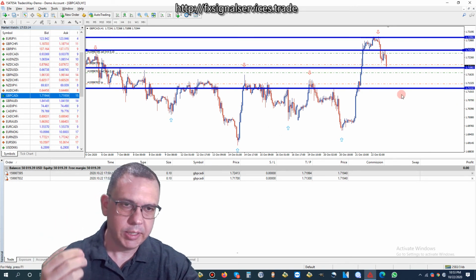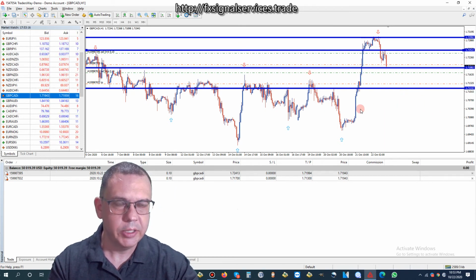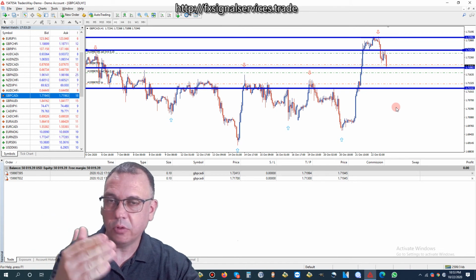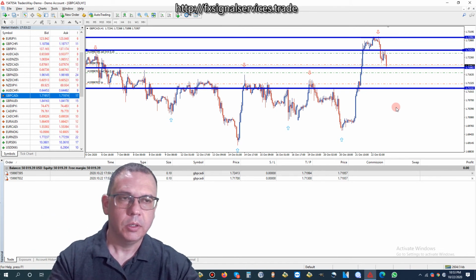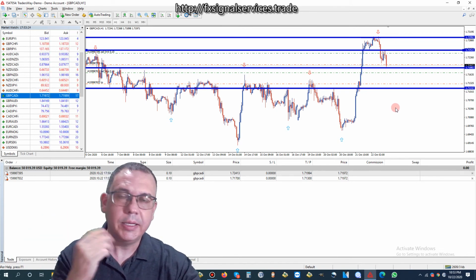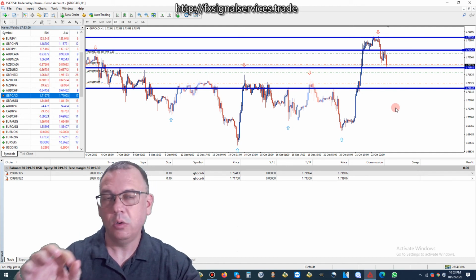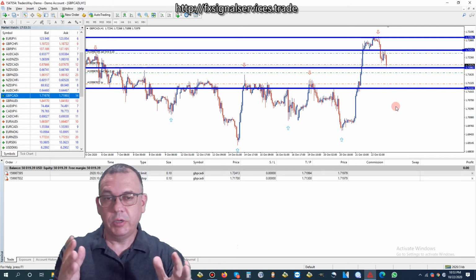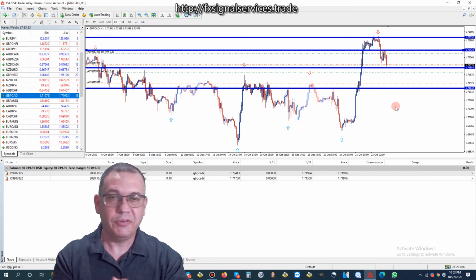And when you get the next blue arrow, which would probably be down here somewhere, then you can close it. Now keep in mind your trades might be open for a couple of days, and you might incur some swap fees, and that's perfectly fine. That's totally up to you. My goal is to try to reduce or eliminate swap fees if at all possible.